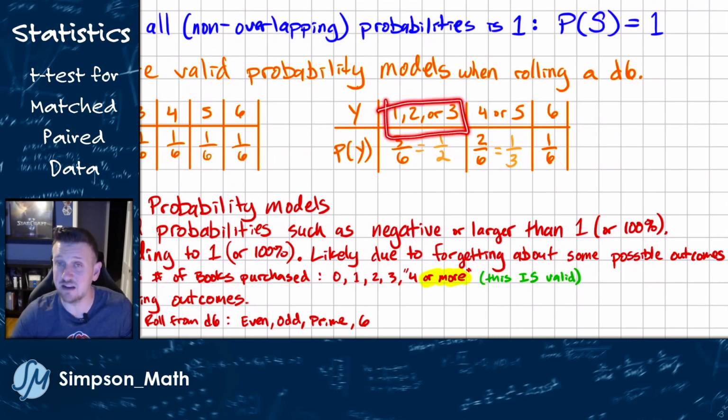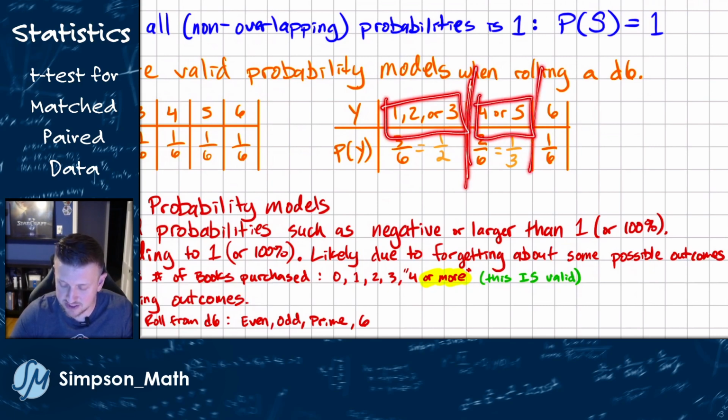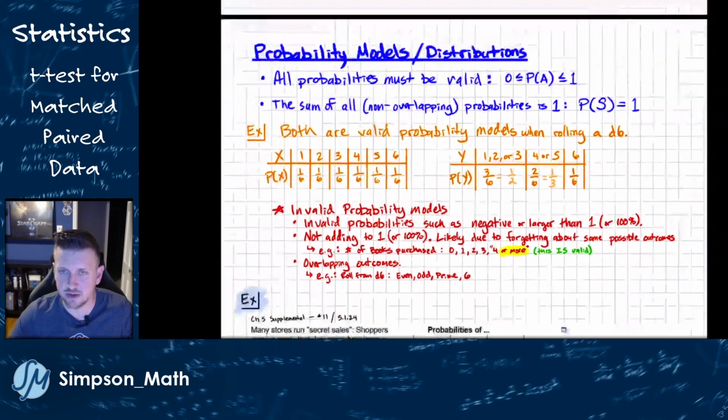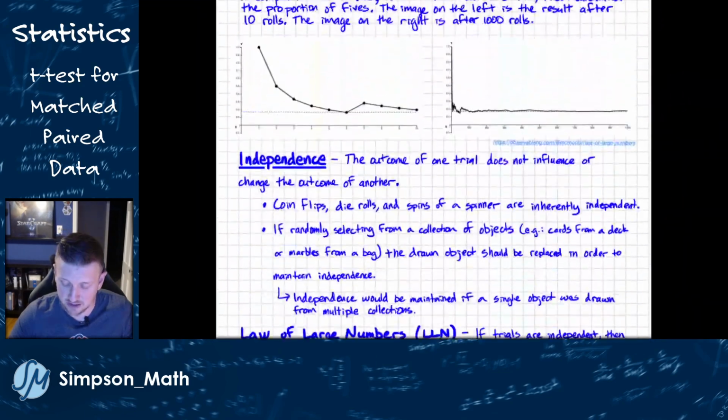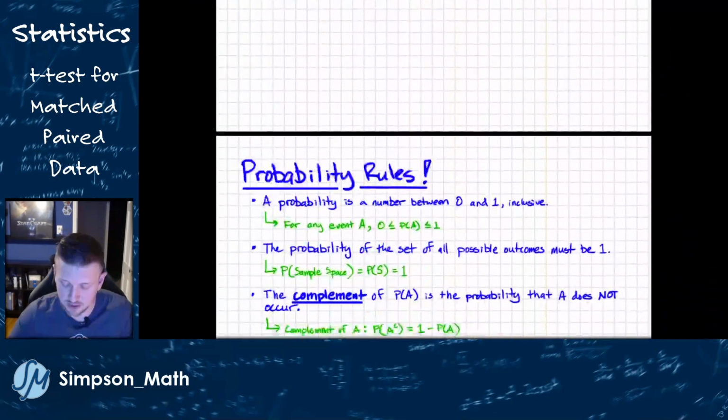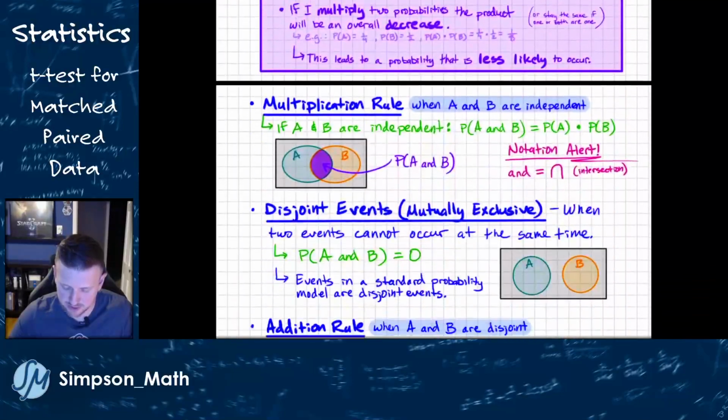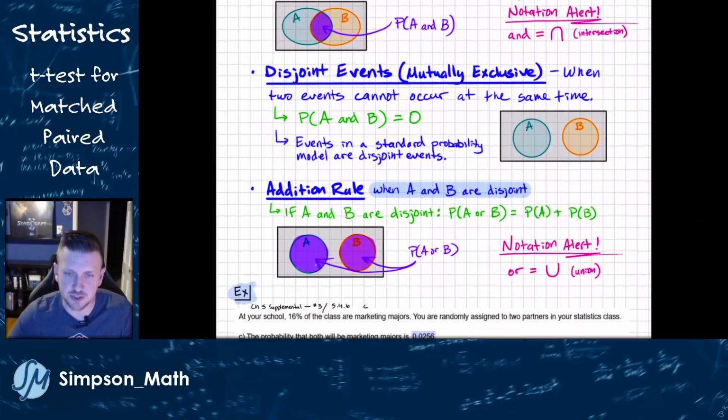I'd be happy with any of those 3. That's fine, because then notice how I'm just going to be adding those together. That's what I'm going to show you next, that or is the situation when we're adding. But getting 1, 2, or 3 is disjoint and separate from getting a 4 or 5, which is disjoint and mutually exclusive from getting a 6. So in standard probability models, these are disjoint situations. So let's talk about this addition rule.